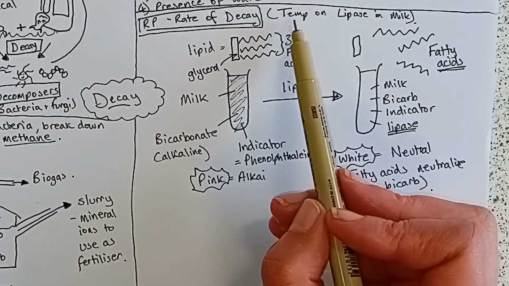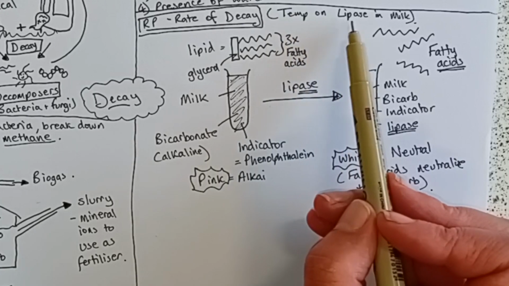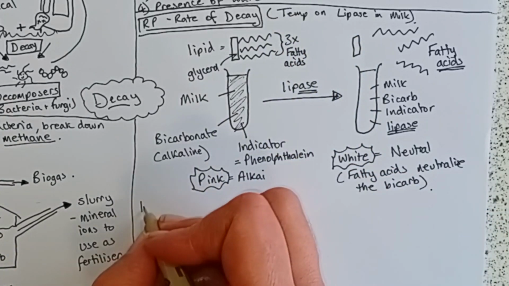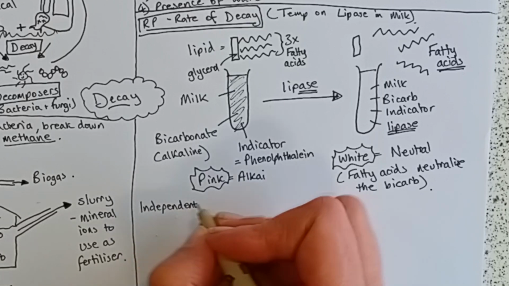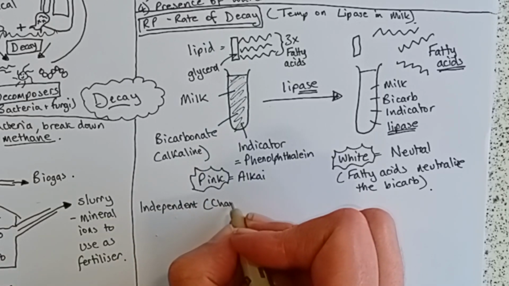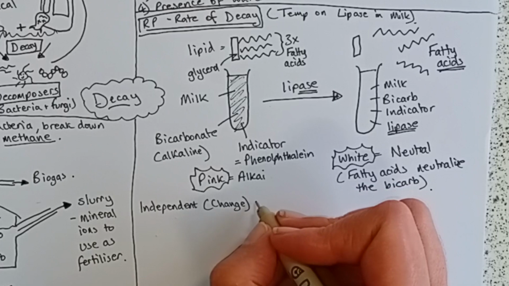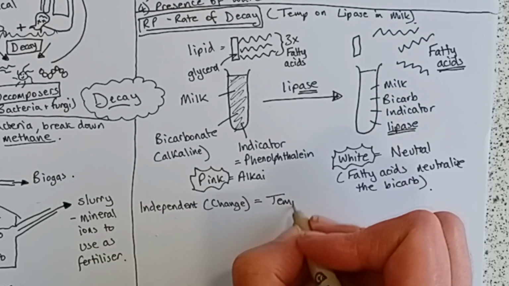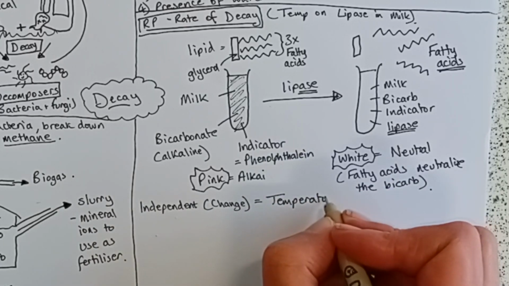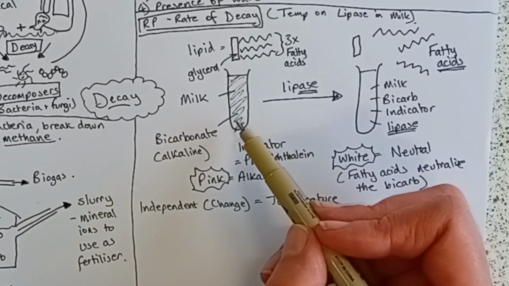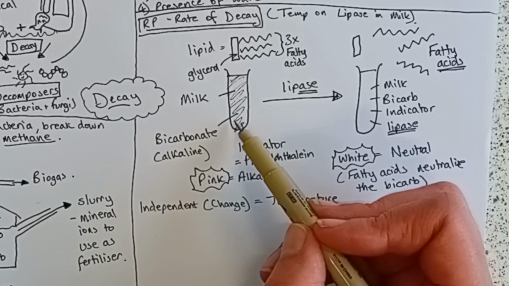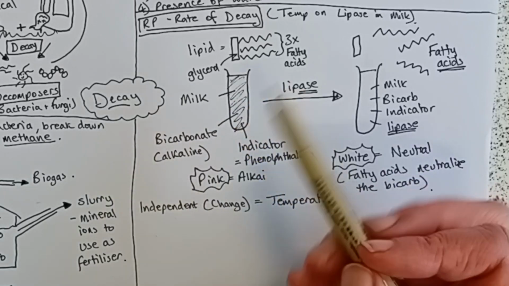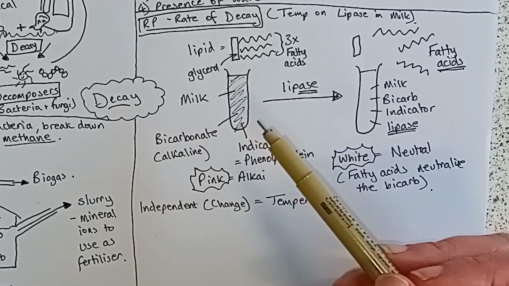In this experiment, we're changing the temperature because we're looking at the effect of temperature. So the independent variable, the thing that we change in this one, is temperature. So I'd set up one tube in icy water at 4 degrees, one tube at room temperature 20 degrees, one tube at 40 degrees, one tube at 60 degrees, one tube at 80 degrees.